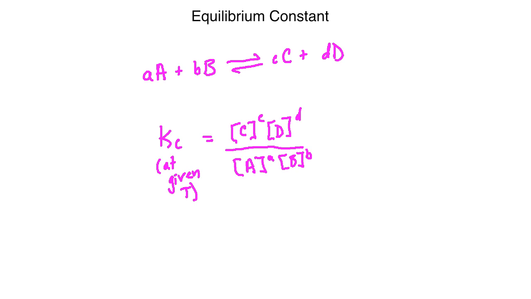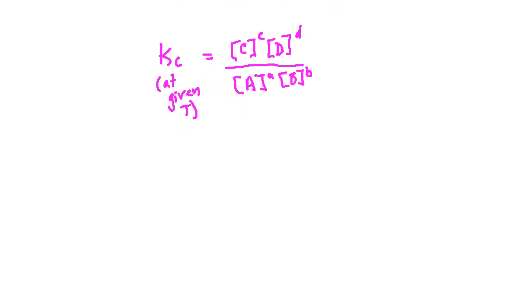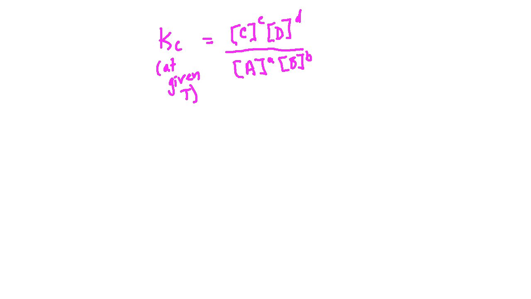So if this is the way that I would calculate it, let's take a look at a simple reaction and determine how we would set it up. Now, we're not necessarily going to do numbers yet, although we will get there, but let's take a look at just a general example.